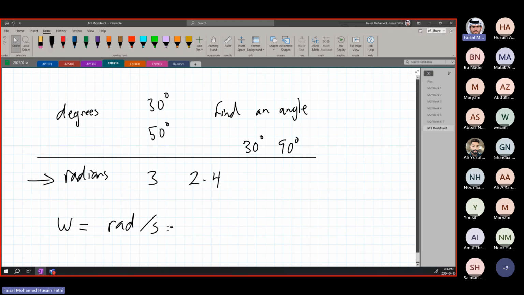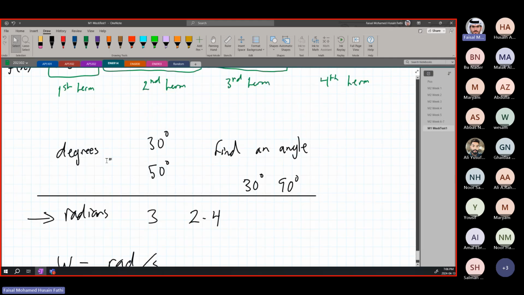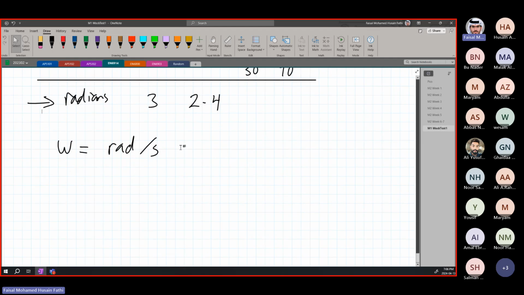It's all in radians per second squared. You're always dealing with radians. We don't care about degrees. Degrees is usually for trigonometry, when we're solving a triangle and trying to find the angle, and geometry. But when it comes to algebra, radians is what we use.